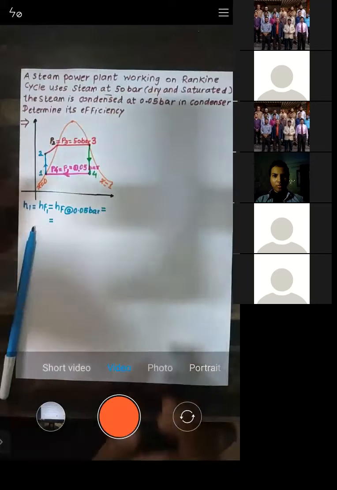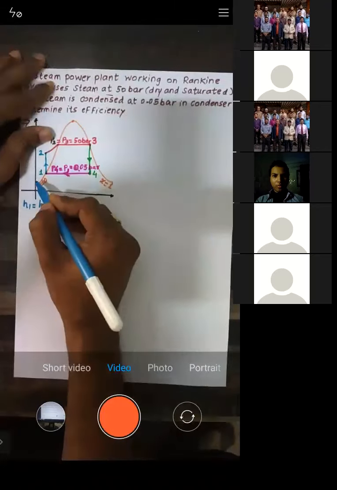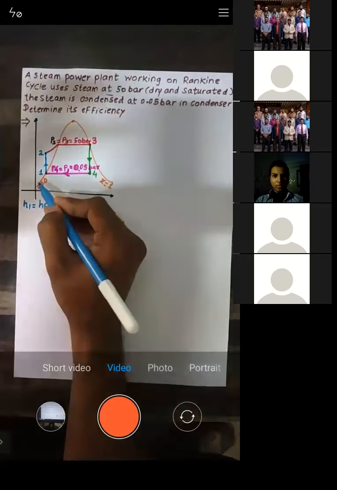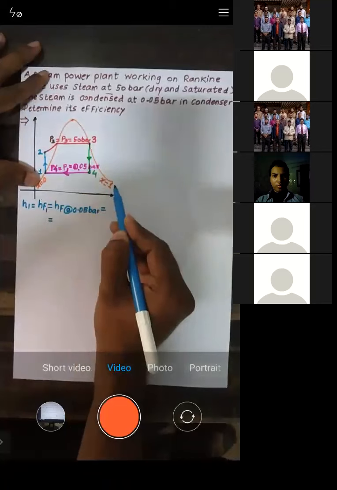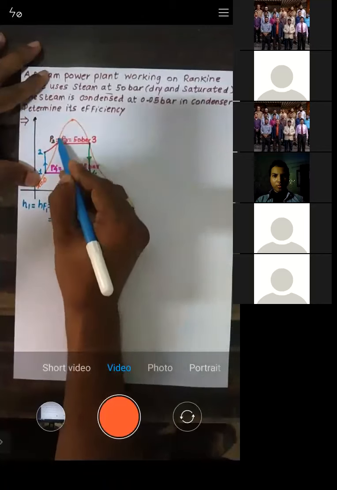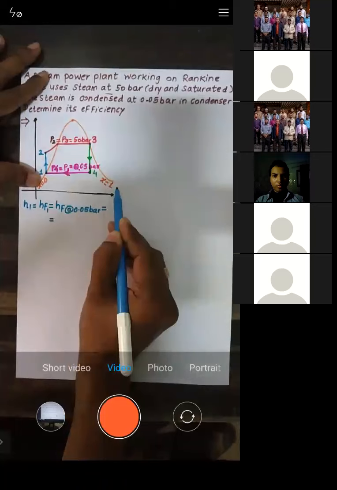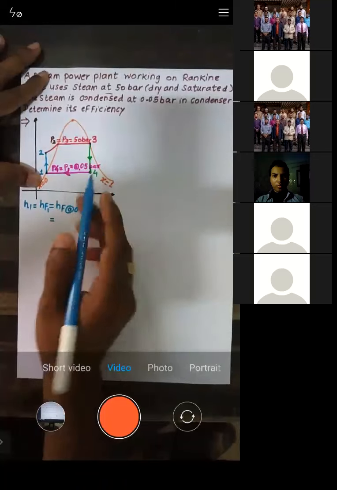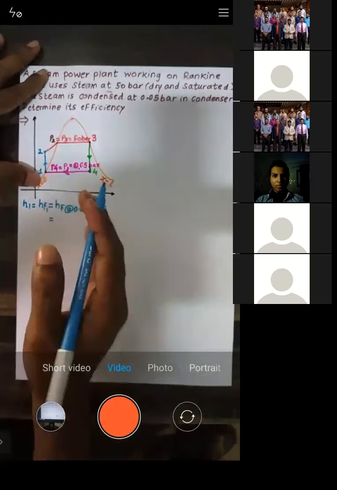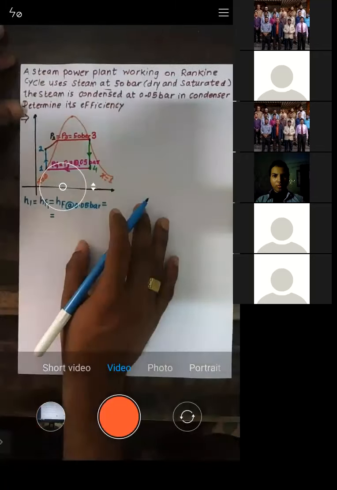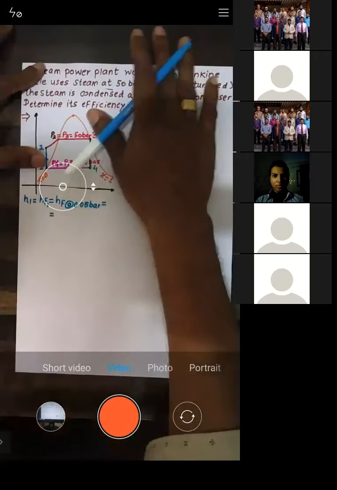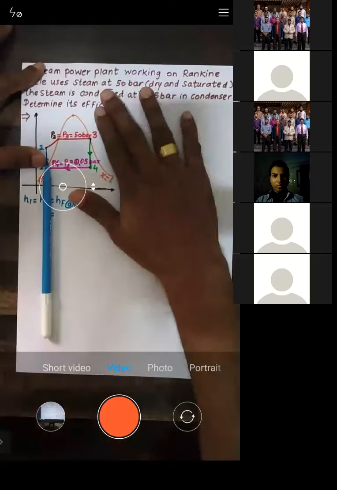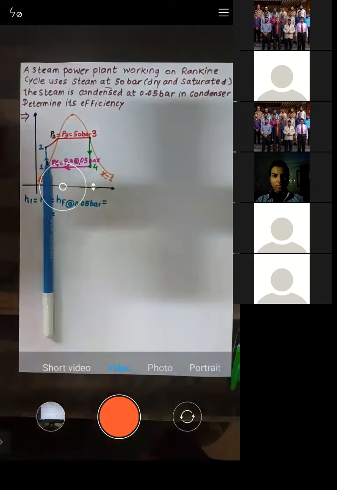Here it's a pure liquid, here it's a pure vapor. So in between it's liquid plus vapor, and that is nothing but wet steam. And if it is on the right side, it's obviously superheated. Is it clear or not?